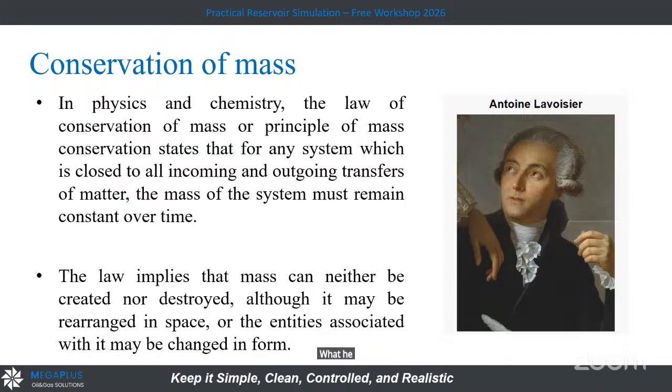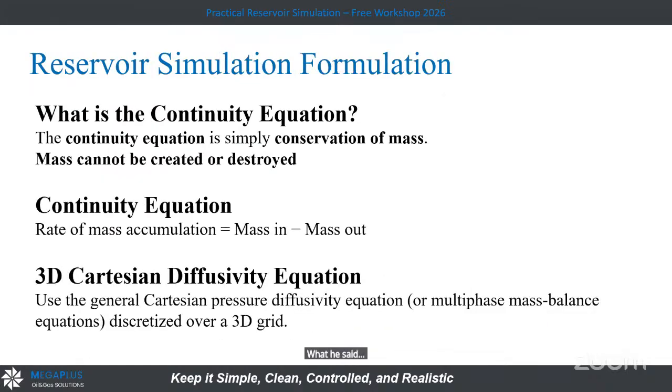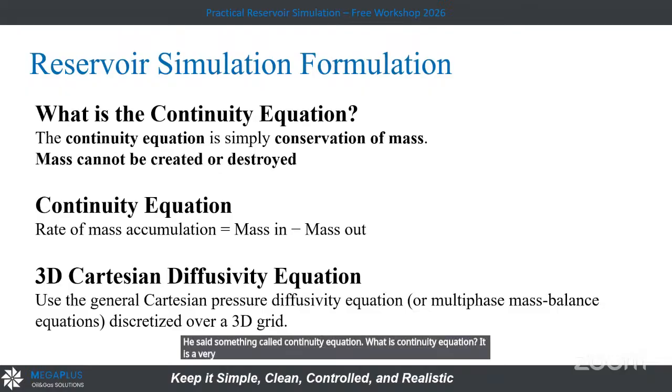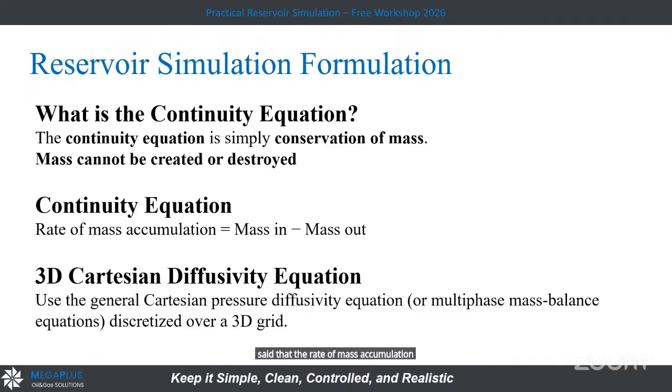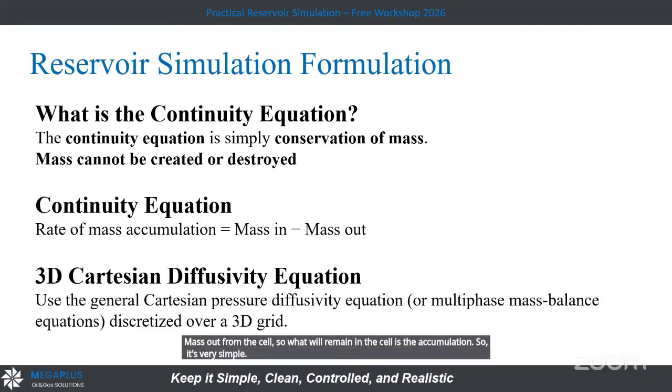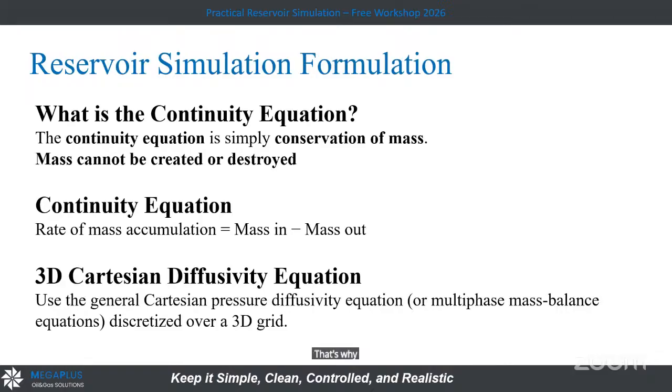What he gave us is the continuity equation, a very simple equation. It says that the rate of mass accumulation equals mass in minus mass out from the cell. So what remains in the cell is the accumulation. From here I will go to the diffusivity equation.